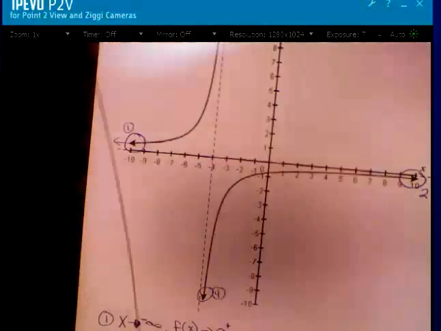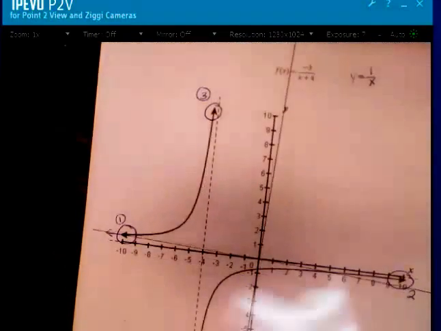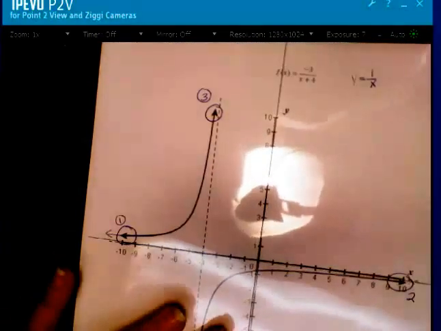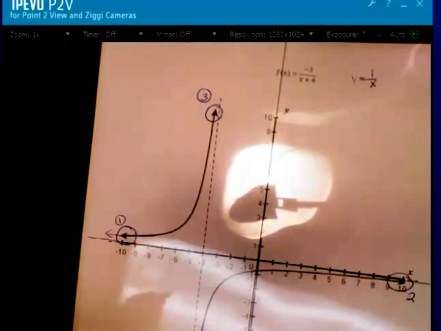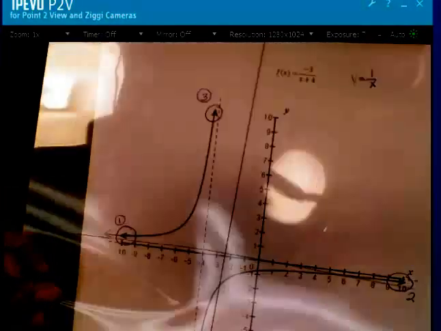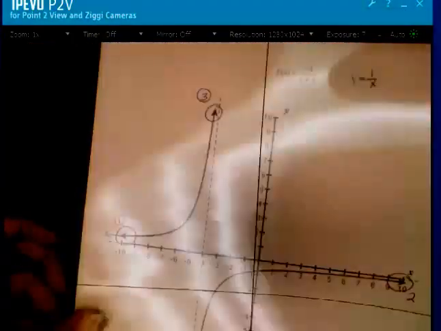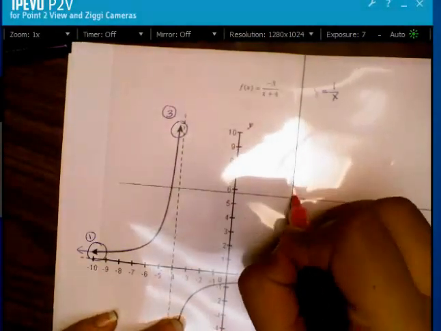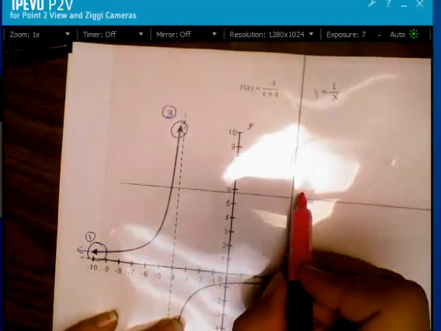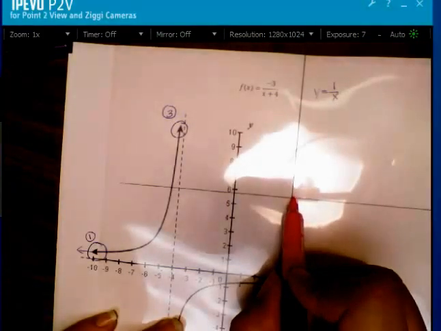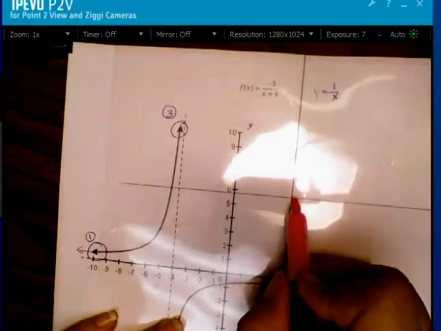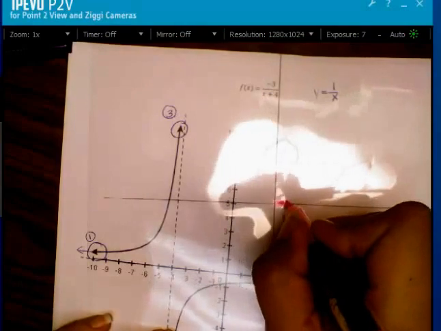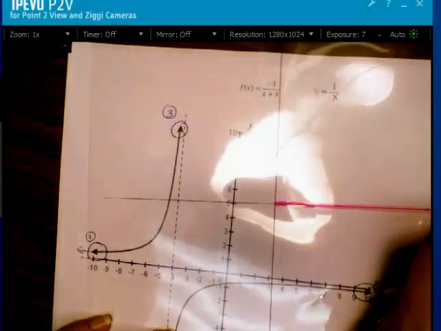Okay, something I can do to help you see that if you're not quite sure where those numbers are coming from. And I've done this in the past, and sometimes it helps students, sometimes it doesn't. But hopefully it'll help you. What I'm going to do is I just have this transparency, and you can see that I've got a grid on it. And so what I'm going to do with this middle part, or this center, is I'm going to follow the function with that center. And then I'm going to show this line right here.